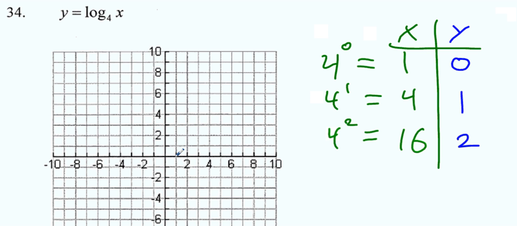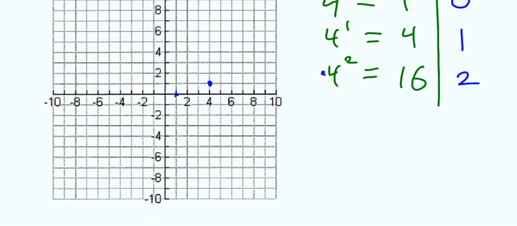So 1, 0, put a dot. 4, 1, we put a dot. 16, 2, if you want to kind of make it up, it'll be over there. And then graph it. It has to go through those, and you should also remember that every log has a vertical asymptote initially at 0.